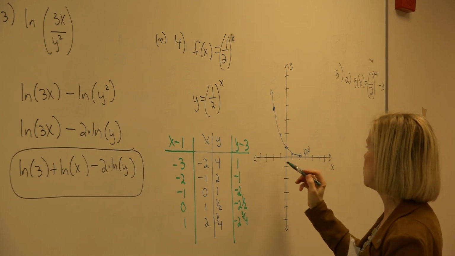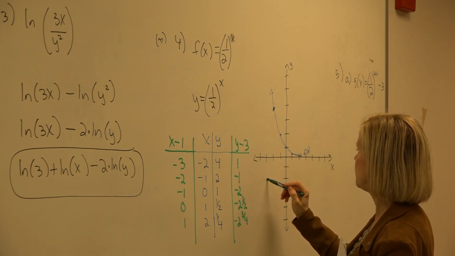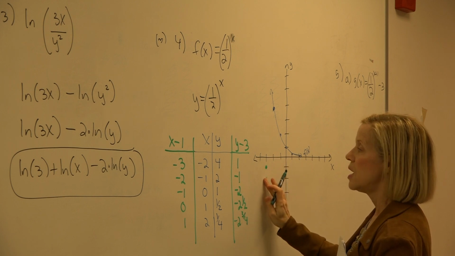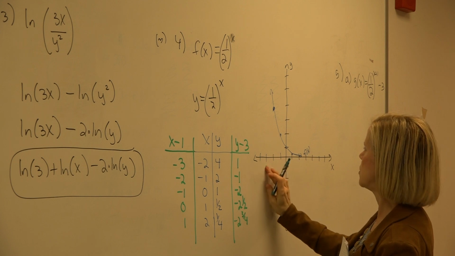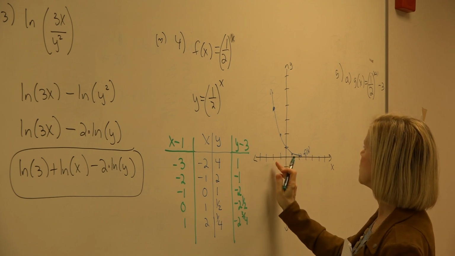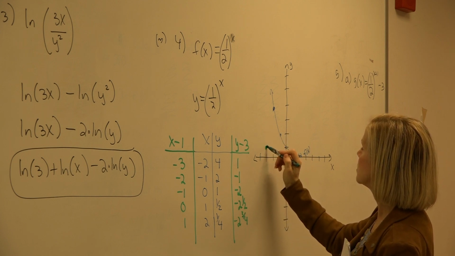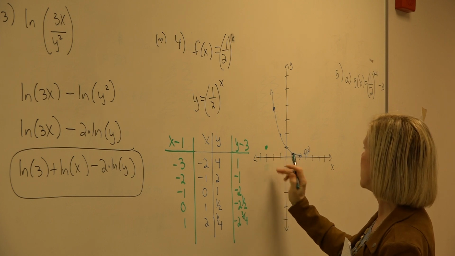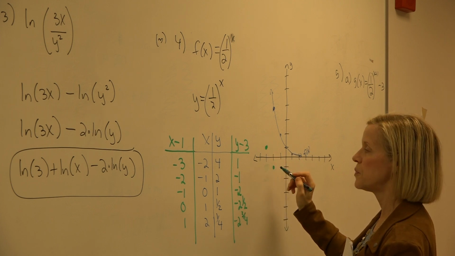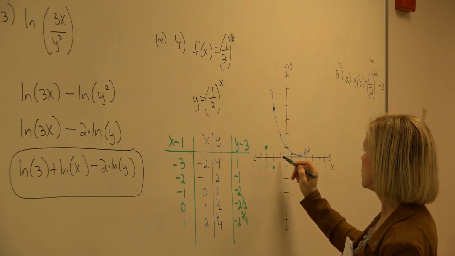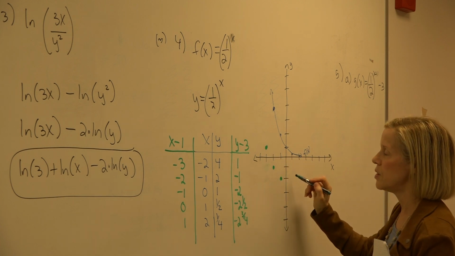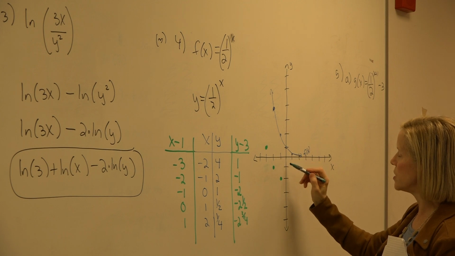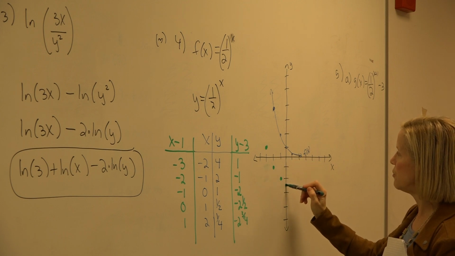So -3, 1: left 3, up 1. -2, -1: left 2, down 1. There we go. -1, -2, so left 1, down 2. 0, -2.5, so 0 left or right, down 2.5.